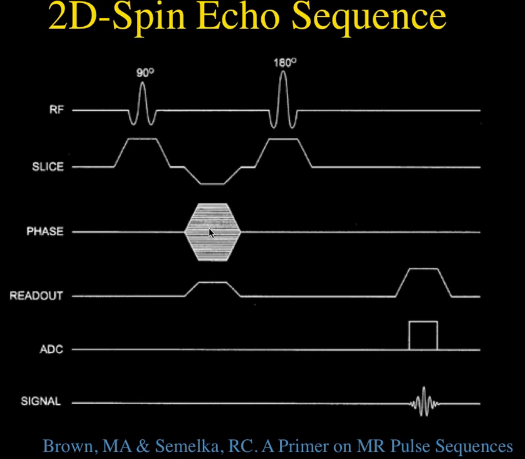What would be the minimum number of sequences in this scheme for us to be able to generate a 256 by 256 image? I think at least two. No, you would have to do one for every phase encoding. We have to do at least 256 phase encodings. So that means you'd have to do a minimum of 256 different acquisitions.